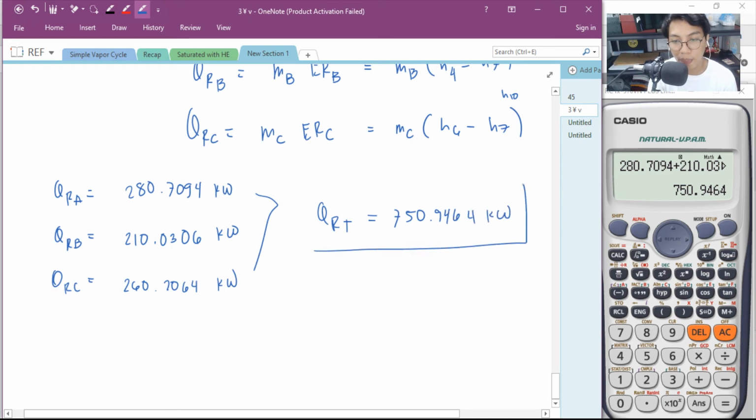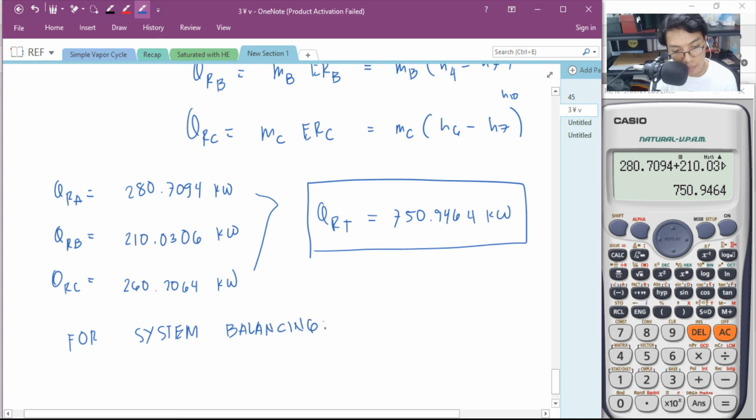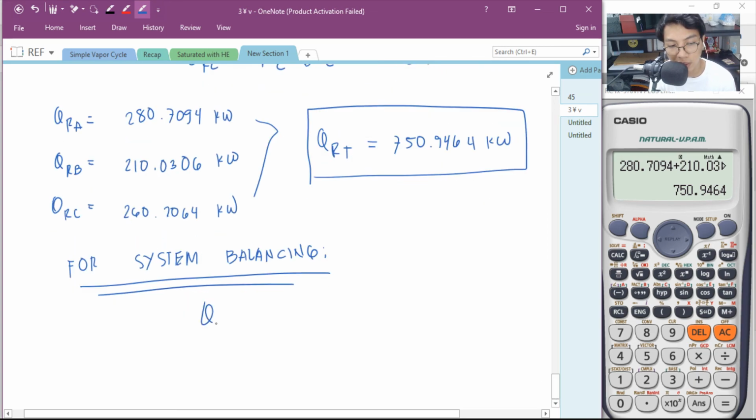Okay? Now, for system balancing. Diba, pag-usapan natin, that is the QA total, yung lahat ng pumasok dun sa system mo, equal dun sa lahat ng lalabas. Or all the energy that is input to the system, equal yan dun sa energy that will be taken out of the system.